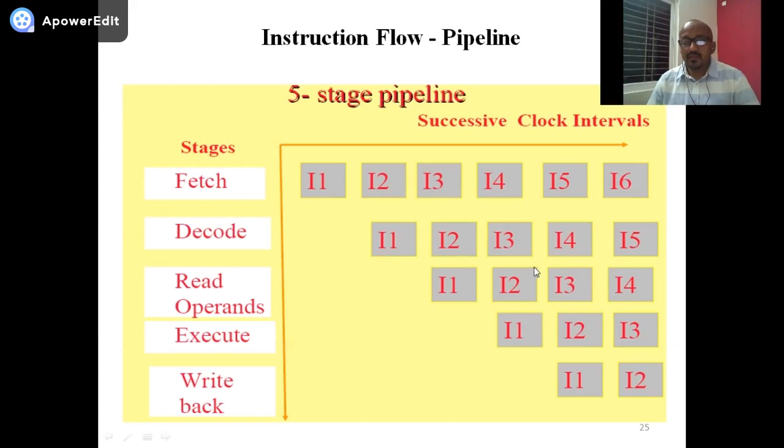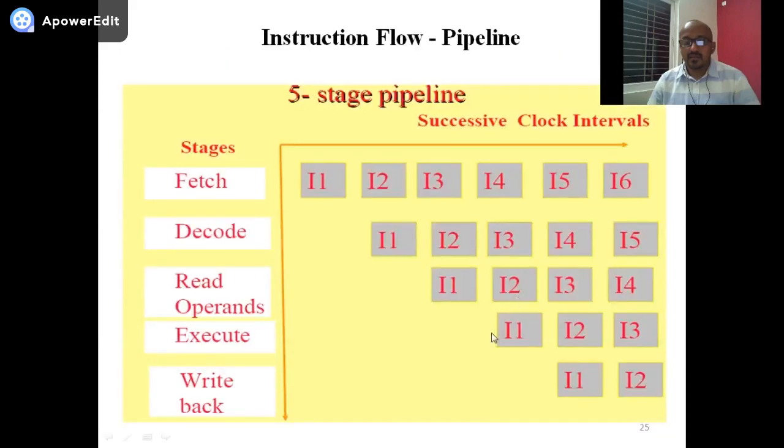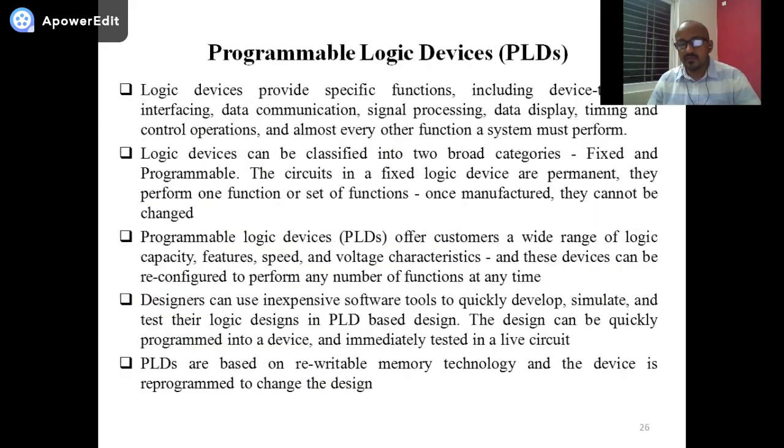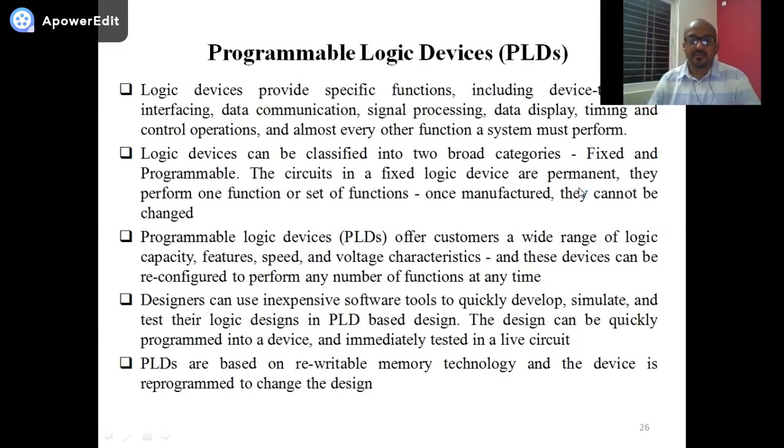After executing, when the results are generated, the result is stored back in the next time, T5. So I1 stores back, at that time I2 executes, for the I3 instruction the data is fetched, I4 instruction is decoded, and I5 instruction is fetched.